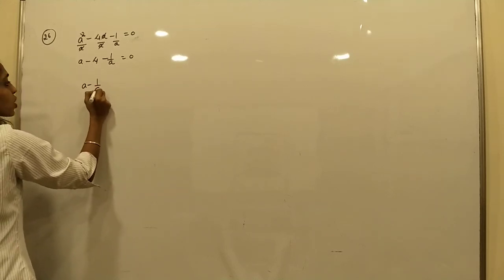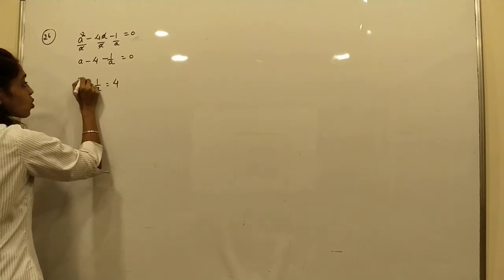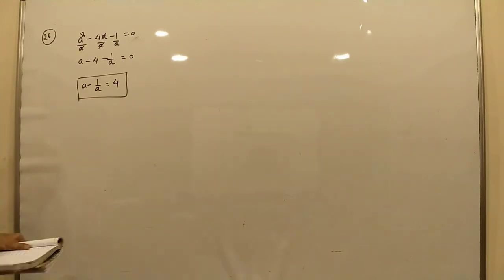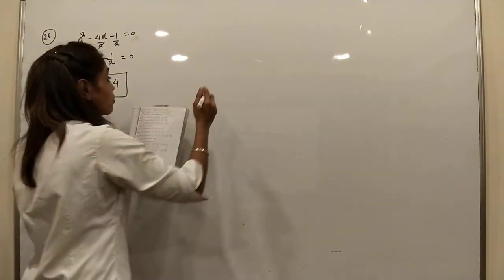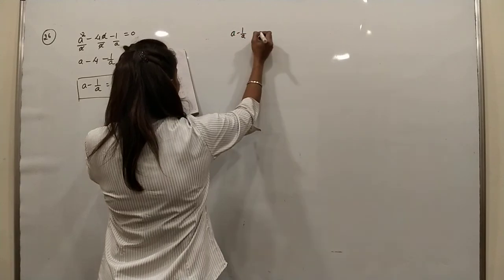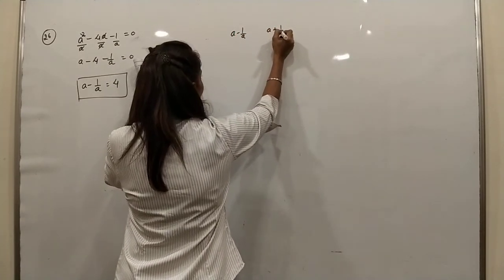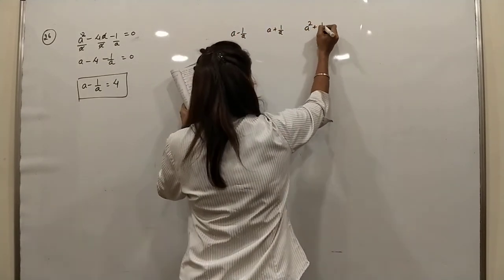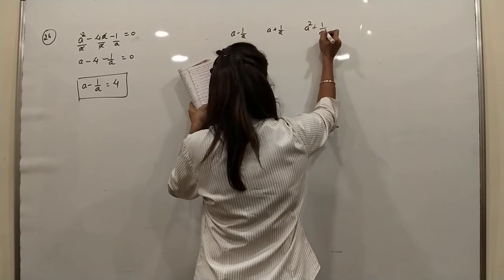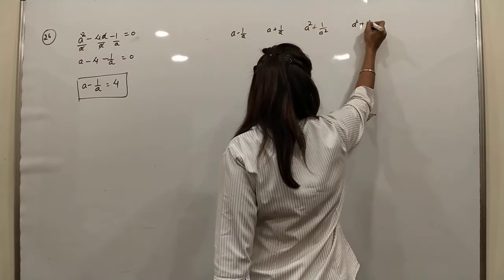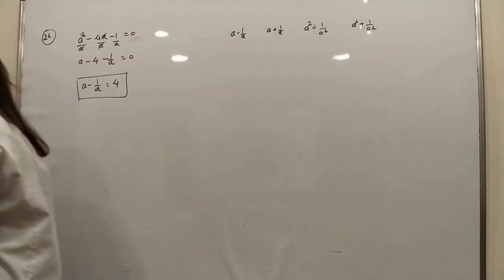So a minus 1 upon a is 4. That's the result. This is given and you have to find the values of a minus 1 upon a, a square plus 1 upon a square, a square minus 1 upon a square, and a square plus 1 upon a square.